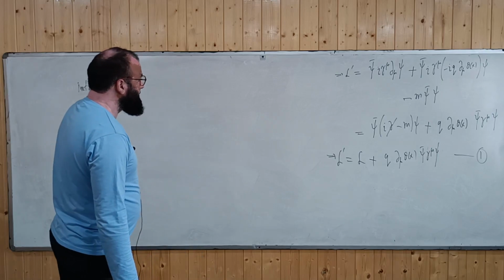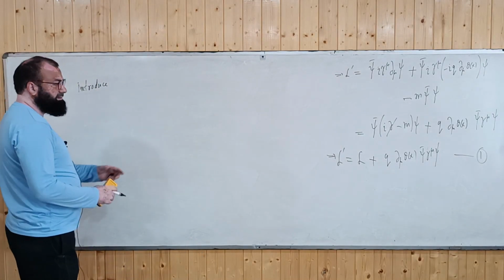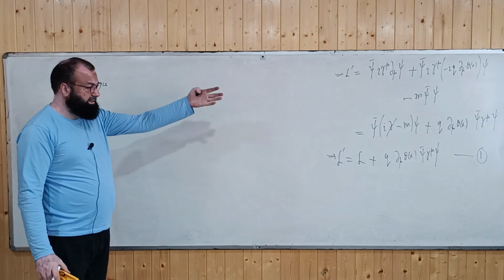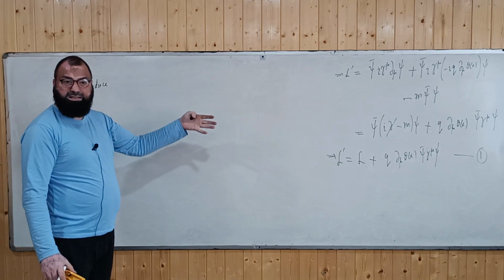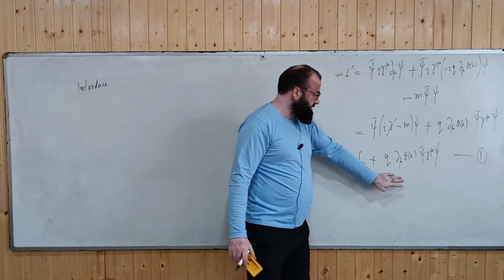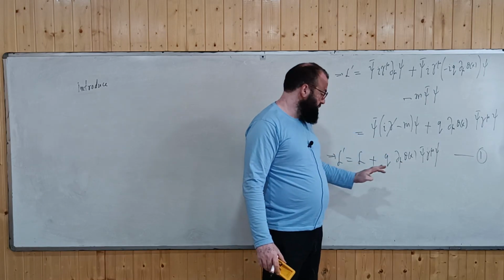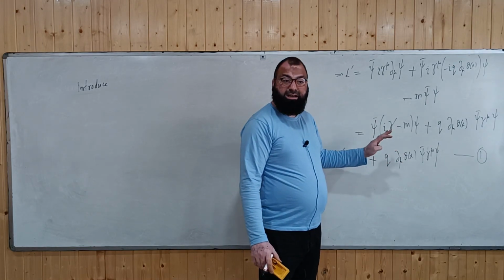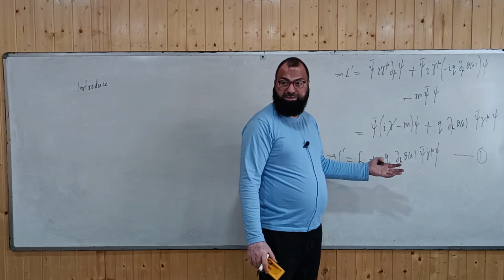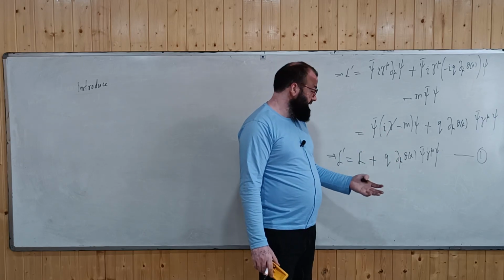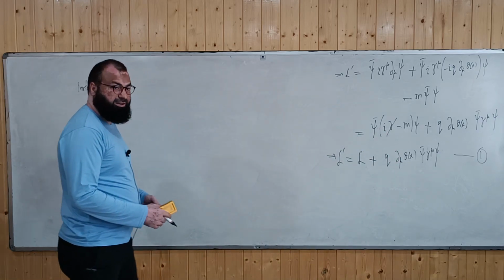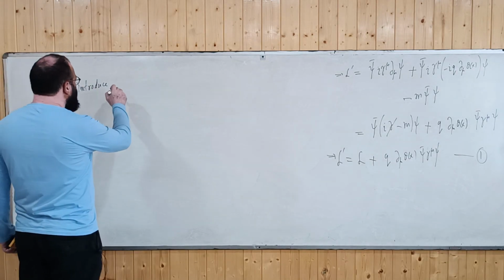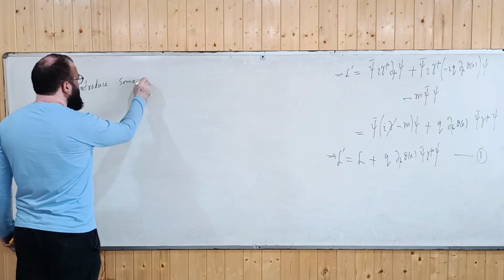So that's why I will introduce an arbitrary term in our original Lagrangian to remove this very term here, or in other words, to make our Lagrangian invariant under this kind of transformation. Understood? And then we will interpret what exactly that term means.